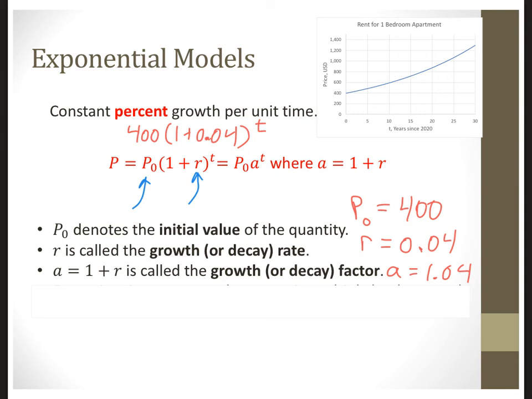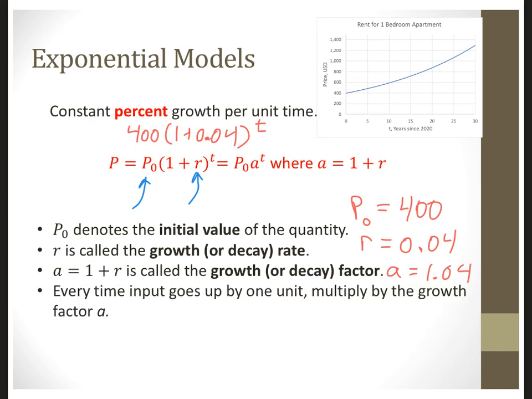But I could still interpret that in practical terms as telling me my quantity is increasing by 4% every year. So what this model is telling us is that every time I increase the year by 1, to calculate the next year's rent, we multiply by this factor of 1.04. So that's how exponential models work.